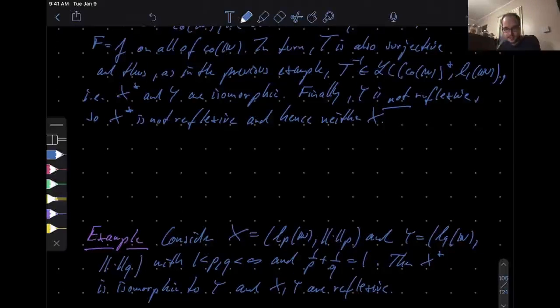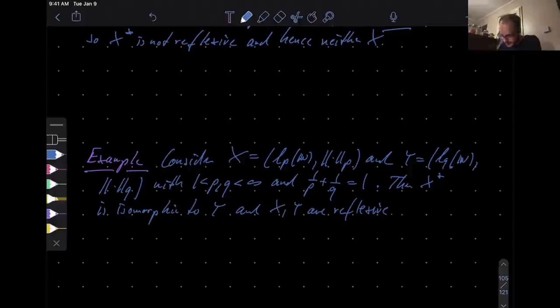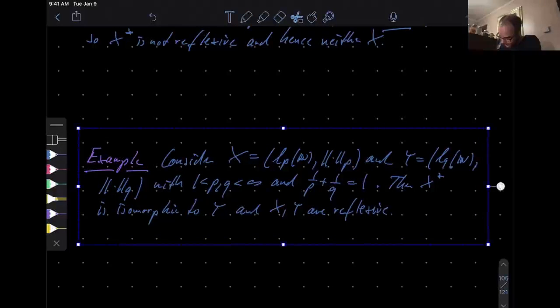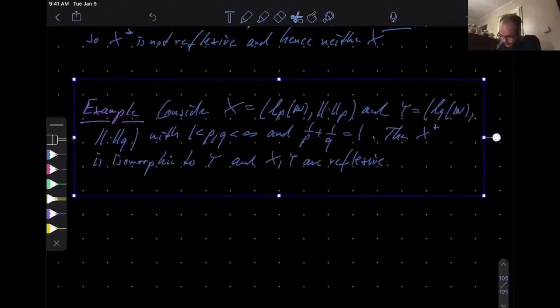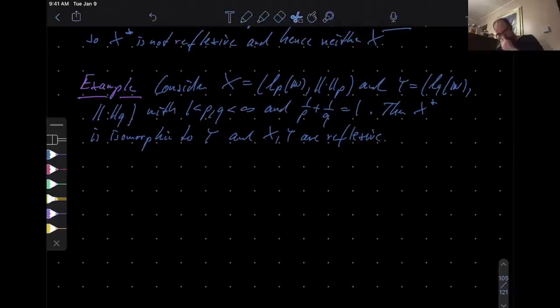So now the last example about dual spaces here, at least for the moment, and reflexivity is going to be this one. I already announced it at the end of the last video. So we're going to look now at the l^p spaces where p is different from 1 and different from infinity, because these two we covered in the last two examples.